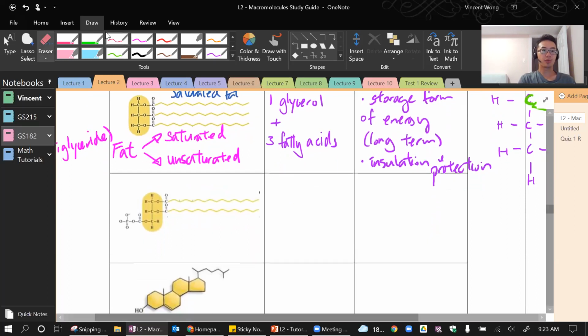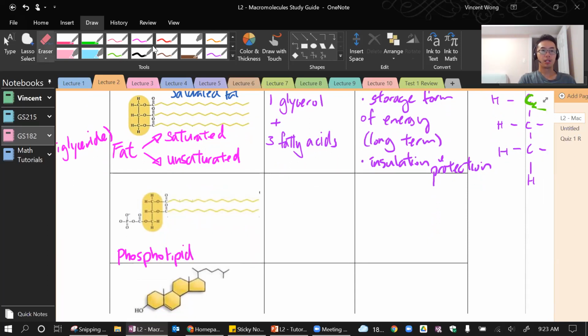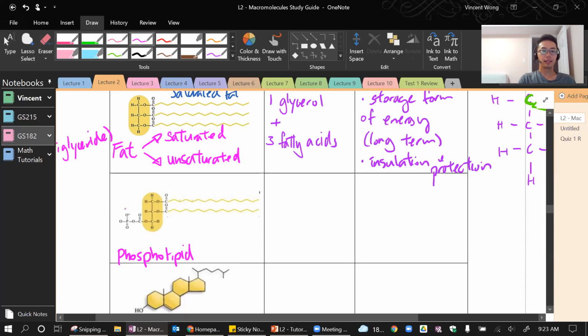Next, we have what we call a phospholipid. The phospholipid has 3 parts to it. There is a polar head, which is made up of phosphate.